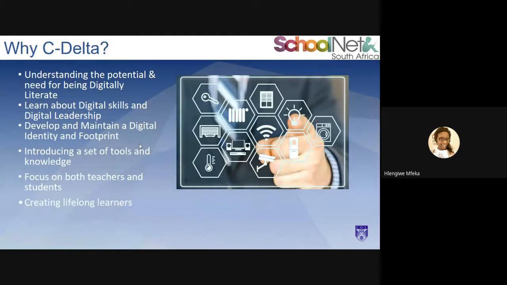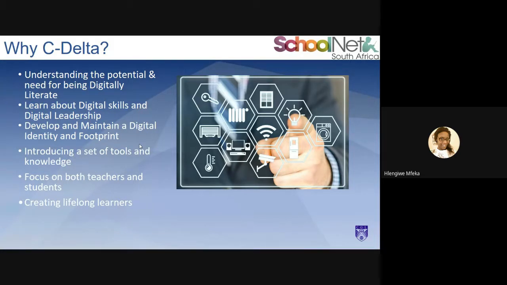As much as I have mentioned what C delta is about, as humans, for us to take part in something, we need to know what we are going to gain, what is in it for us. So I'm going to quickly share with you the benefits of participating in the C delta program.